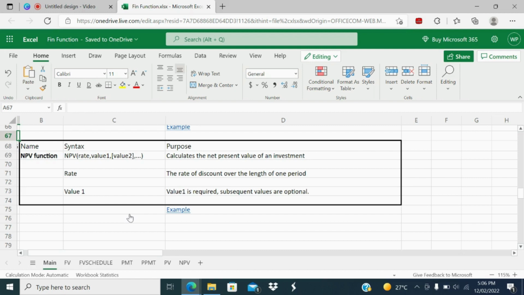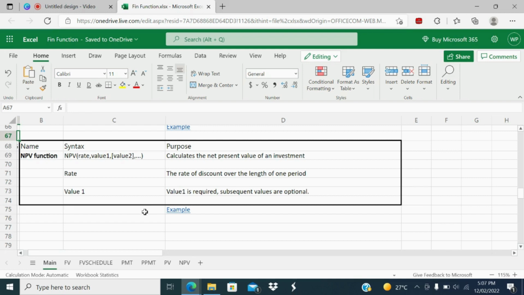The syntax is the same: rate, comma, value 1, 2, 3. Here rate is the discount rate, value 1 is required and subsequent values are optional. Along with the NPV function, we will see the IRR function as well. IRR gives the internal rate of return, whereas NPV gives the net present value.